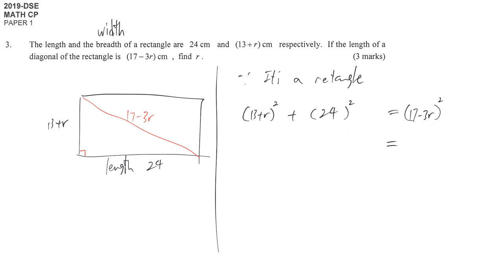If we expand it, 13 squared plus 2 times 13 times r and then plus r squared, plus 576. This one by identity, 17 squared minus 2 times 17 times 3r and then plus 3r squared.